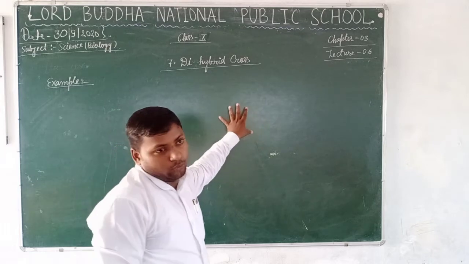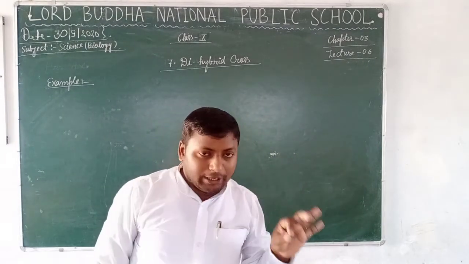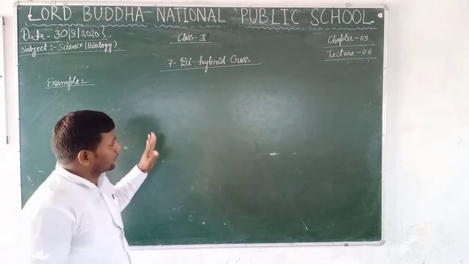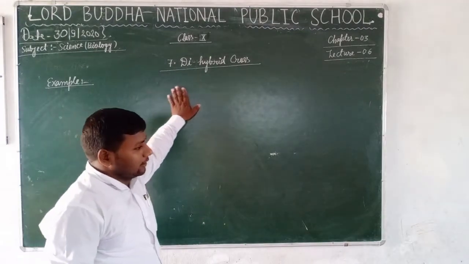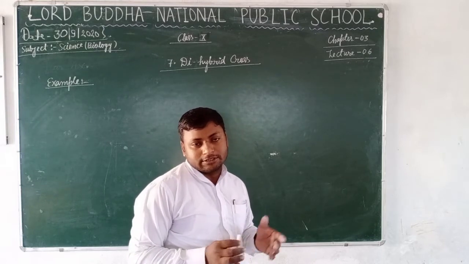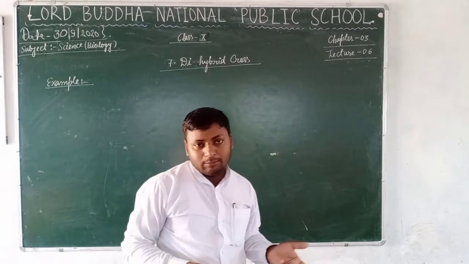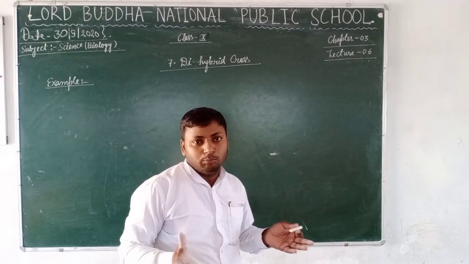This is called the Punnett chart. Yes students, Punnett was the biologist or scientist who first gave the multiplication boxes for the process of cross hybridization. Hence, after his name, this is also called the Punnett chart.